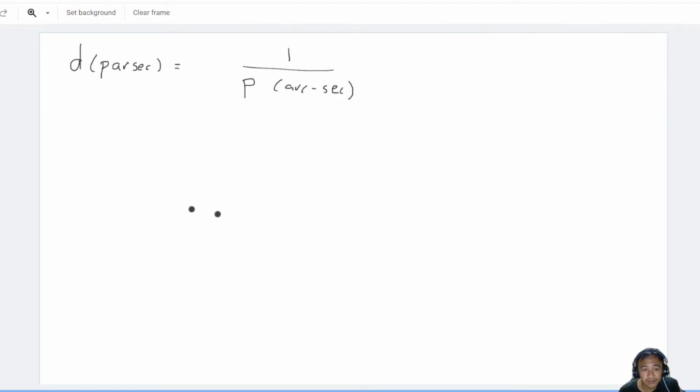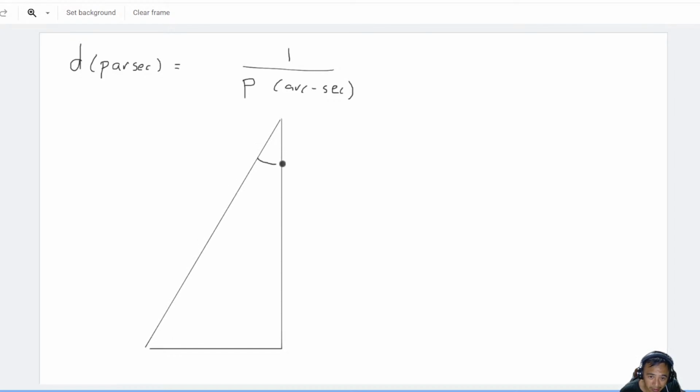Let's take a look at that again. We established before that for parsecs to be useful, this has to be a small angle theta, in other words, that's your p. Now let's say this is 1 AU, and this is the 1 parsec, 1 PC.